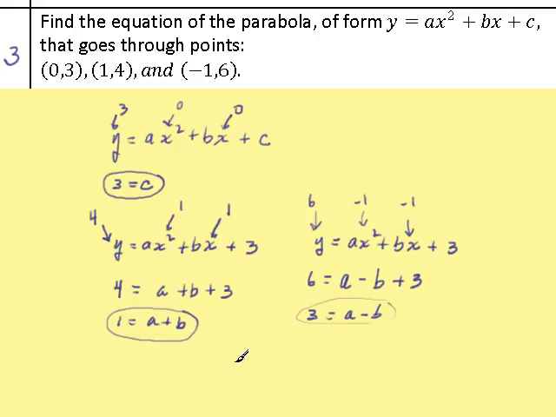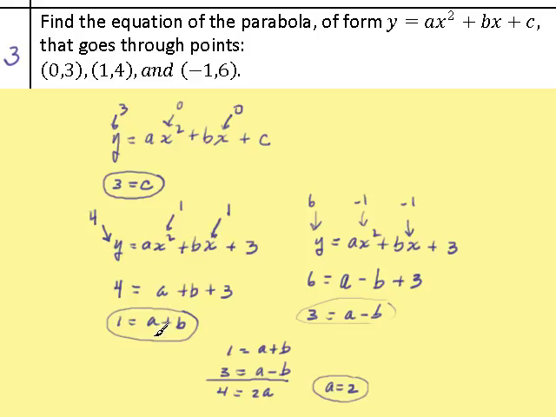Let's add these two equations together. 1 equals a plus b, and 3 is equal to a minus b. And we get that 4 is equal to 2a, or a is equal to 2.